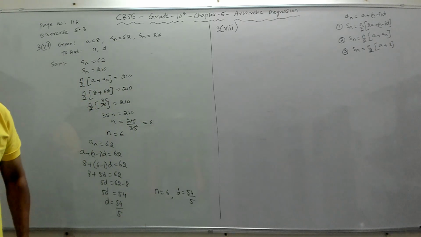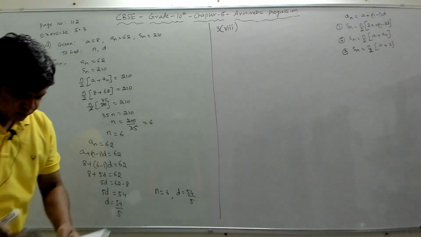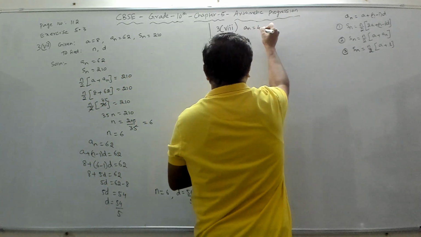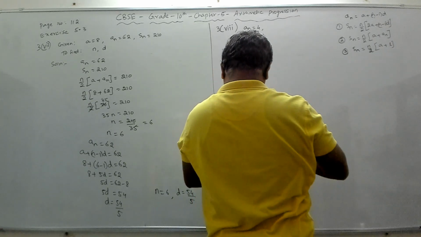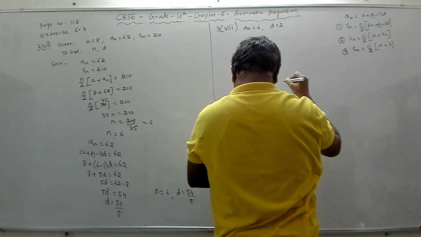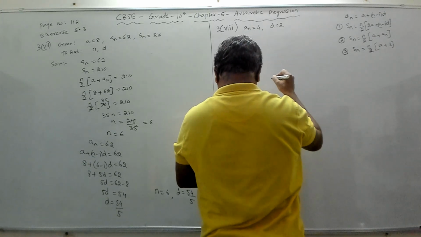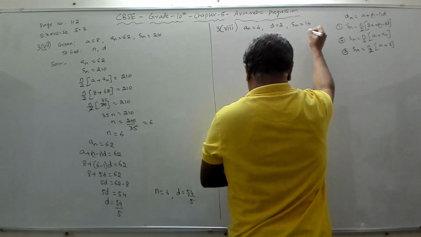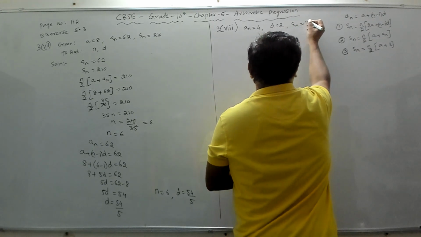So an is given as 4, d is 2, Sn is minus 14.